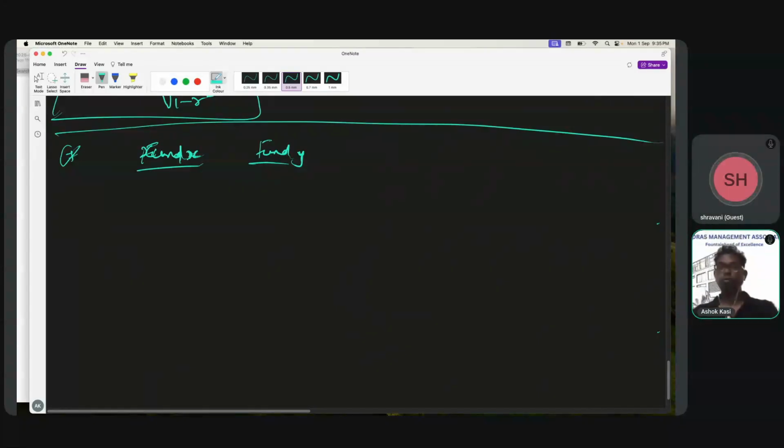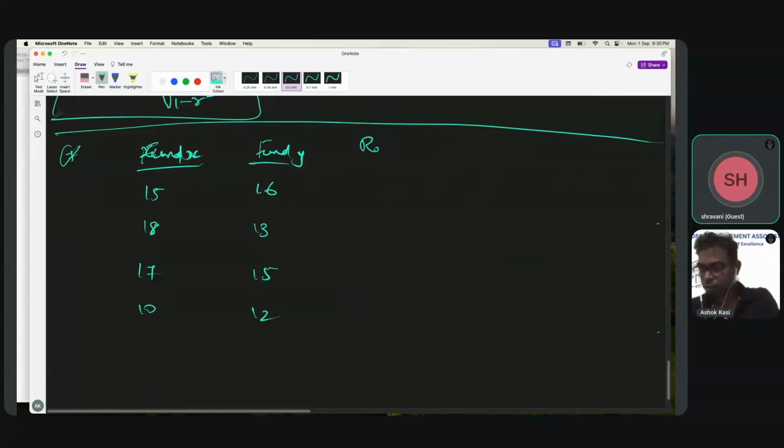Mutual fund X's returns are like 15, 18, 17, 10. Here this return is 16, 13, 15, 12. So now I'll give rank. This is the question.